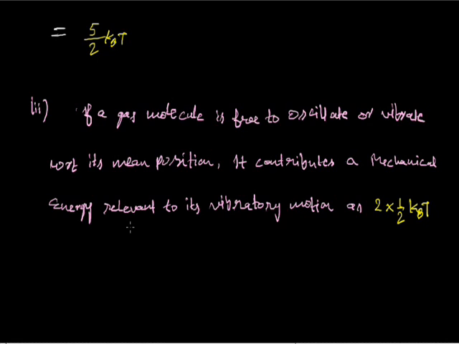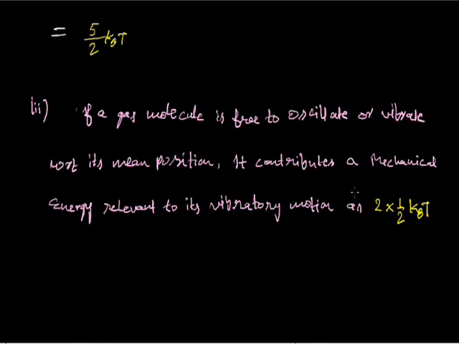This is the contribution of the molecule's energy due to its potential energy plus its kinetic energy at any moment of its vibratory motion. So in this way we have discussed that any gas molecule can have different types of degrees of freedom relevant to its type of motion, whether it is in translatory motion, or translatory plus rotatory motion, or translatory plus rotatory plus vibratory motion.